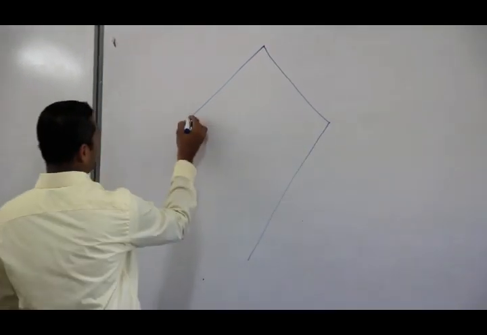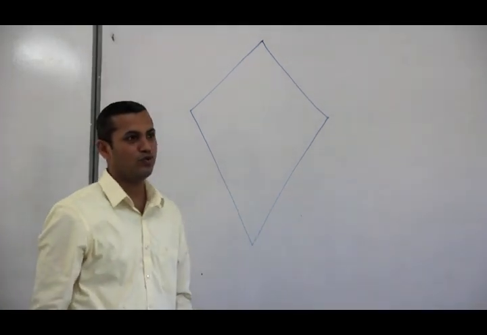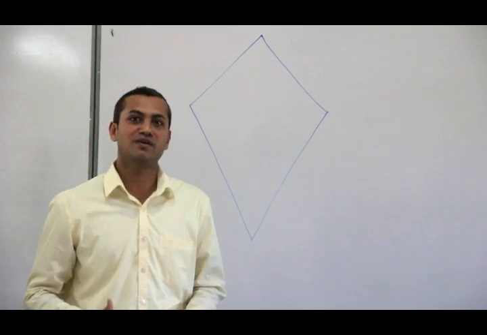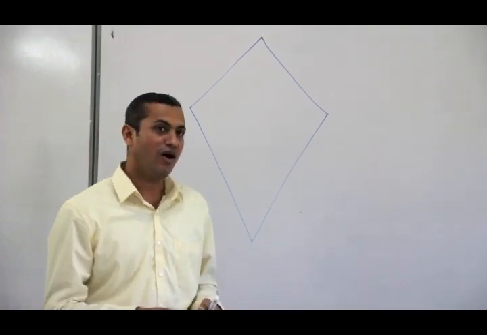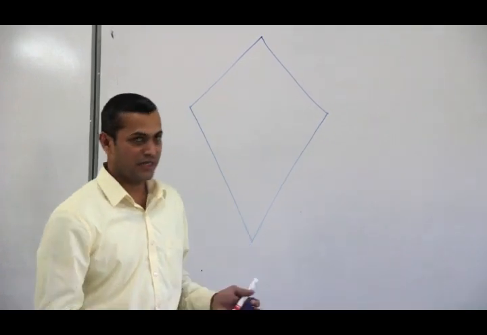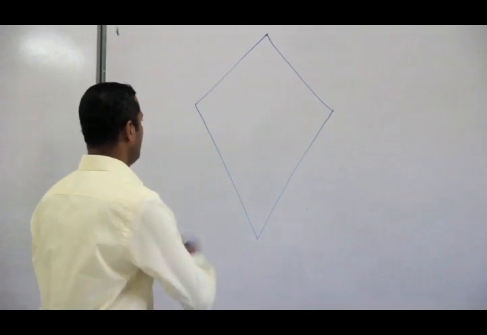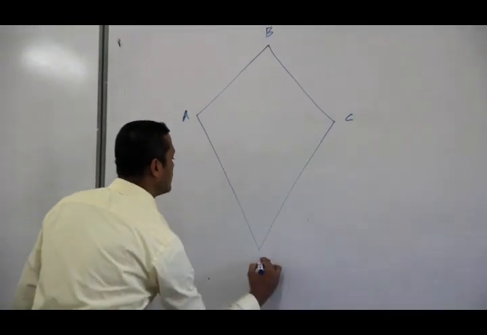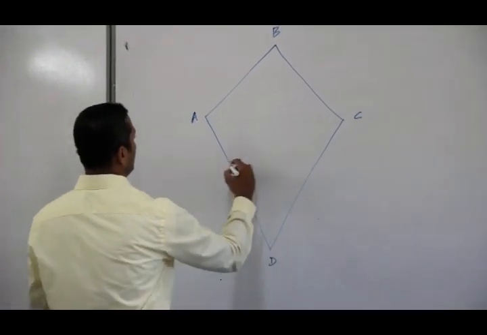Don't draw a rectangle or a square or a parallelogram, because if you draw them, you will be always inside that particular diagram. You will be thinking of the properties of a square. That will come and stick to your mind. So don't draw those kind of special quadrilaterals. You just draw a random quadrilateral like this and name it as ABCD. Okay. Then join the midpoints of them.